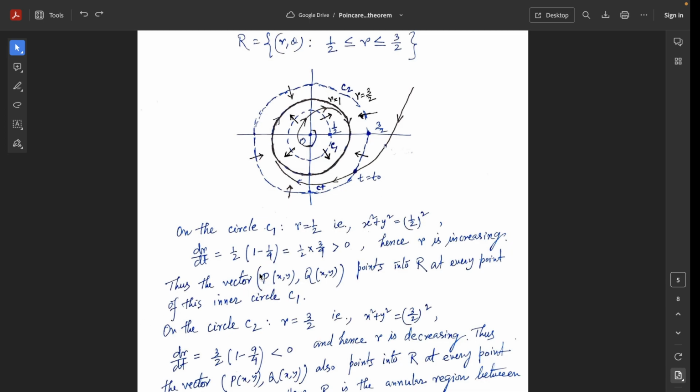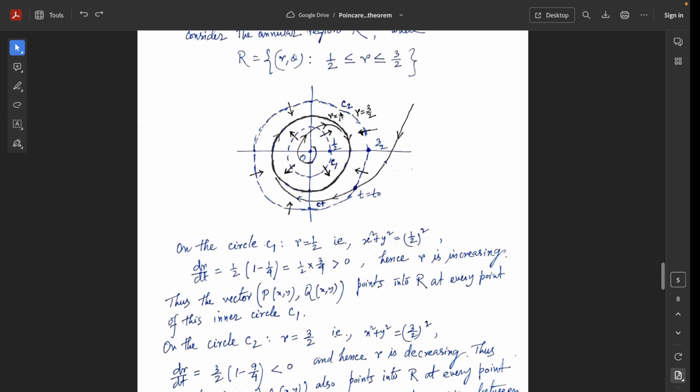So the vector field (P, Q) is directed into R at every point of this inner circle. This is the outward direction on this inner circle, because r is increasing, meaning away from the origin.